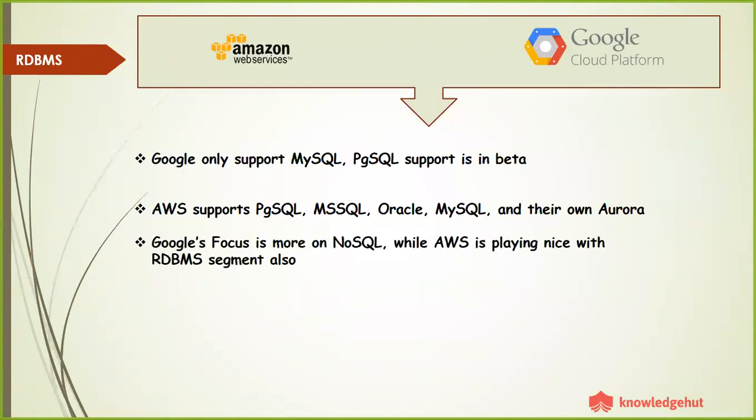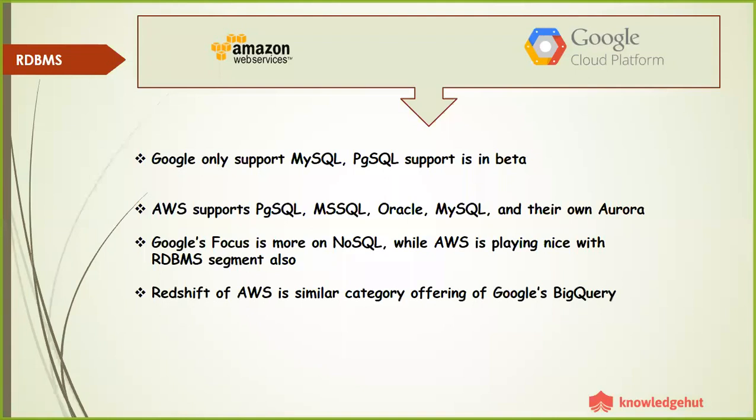Google's focus is more on NoSQL, while AWS is still playing nice with the RDBMS segment also. This doesn't mean that AWS doesn't have any offering in the NoSQL area, but the emphasis is evenly distributed, while Google is mostly focusing on NoSQL.